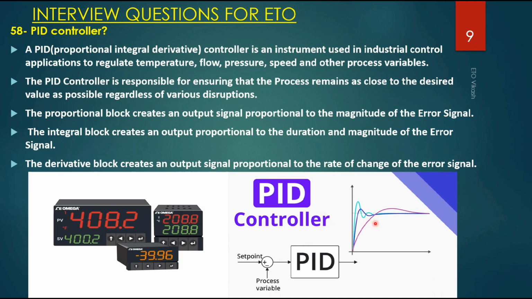If the error is large, it will give more signal to compensate that error very fast. The combination of P, I and D is very good for controlling all these at fixed values.